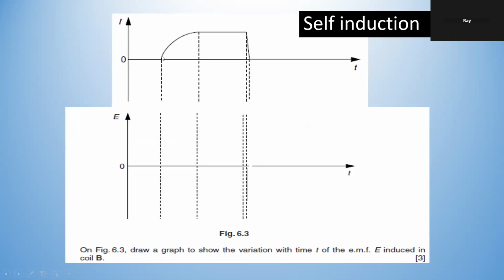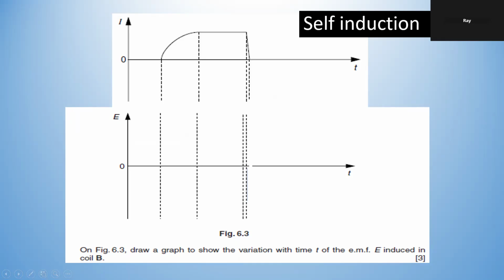That's how the current changes. Switch on and off. This is basically called self-induction, but you don't need to know that. On the figure, draw a graph to show the variation with time t of the EMF induced in the coil B.